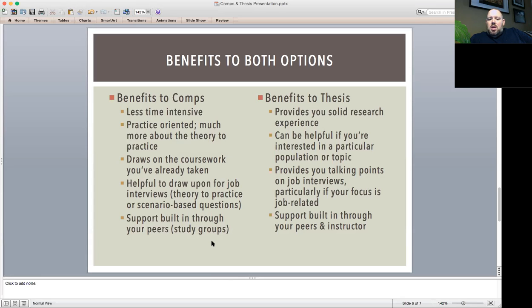Benefits to Thesis. It provides you solid research experience. It can be really helpful if you're particularly interested in a certain student population or a topic. It provides you talking points on job interviews, particularly if your focus is job related.